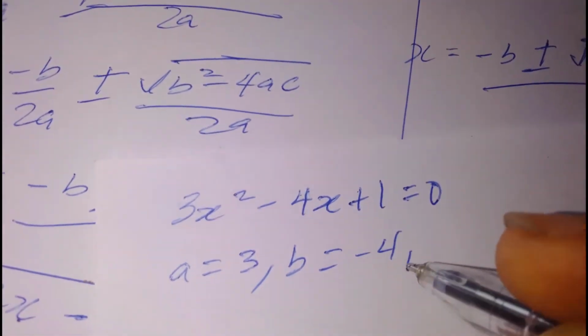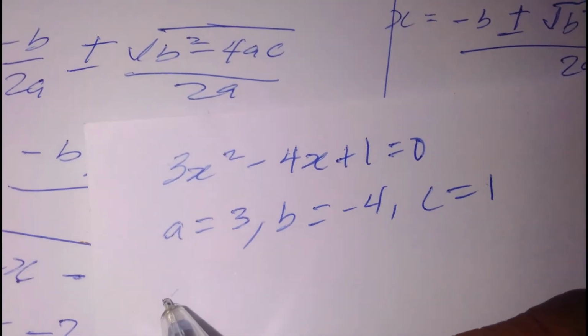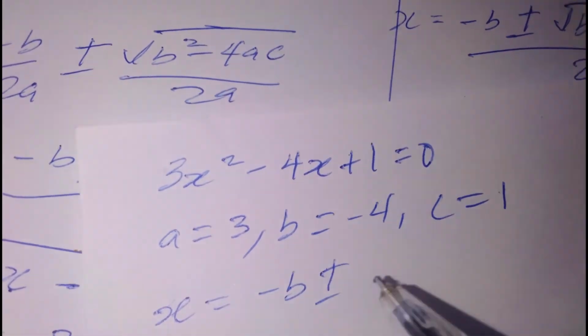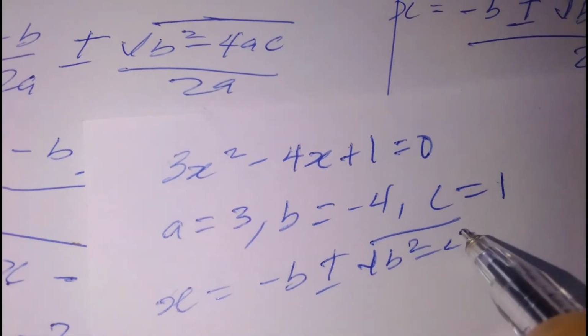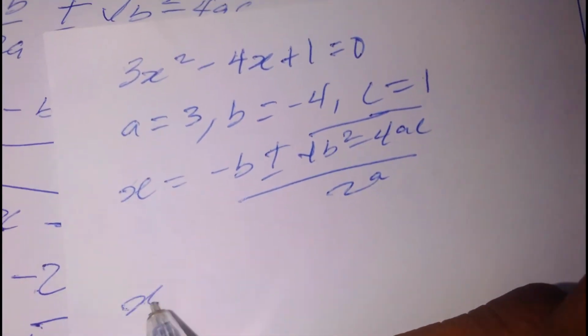a equals 3, b equals minus 4, and c equals 1. Then we have to find the roots. x equals minus b plus or minus root b squared minus 4ac over 2a. Then you start substituting as always.